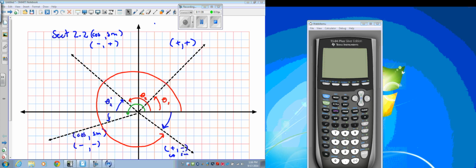So sometimes you'll be subtracting the angle that you have, the terminal side, from 180. Sometimes you'll be subtracting 180 from that. The reference angle always is the terminal side back to the closest x-axis. Don't do it over to the y-axis.